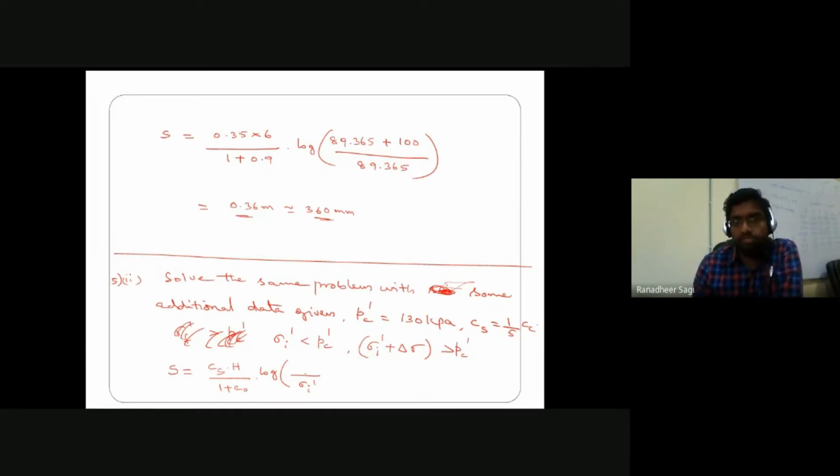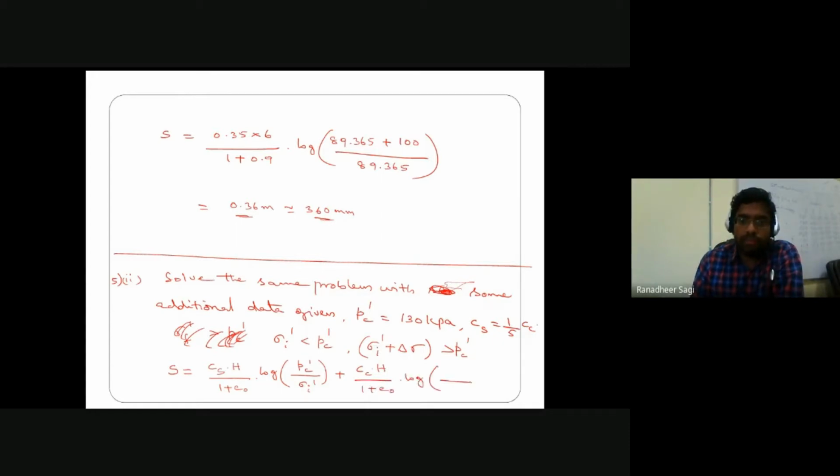From the initial effective stress till your maximum past pressure, your soil is in an over consolidated state, where the slope of that curve is Cs, plus Cc into H by 1 plus e naught into log.